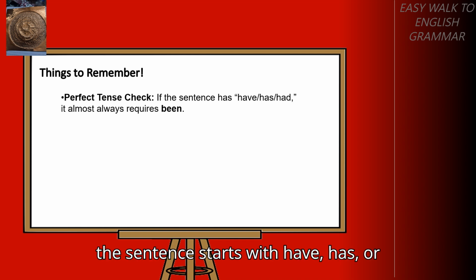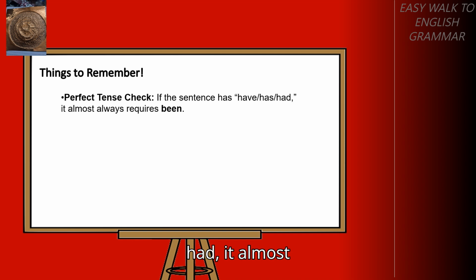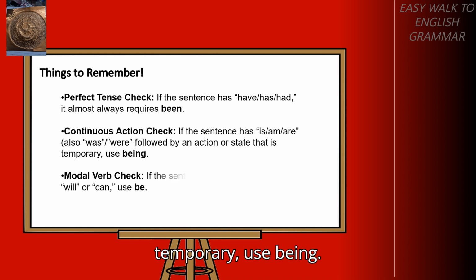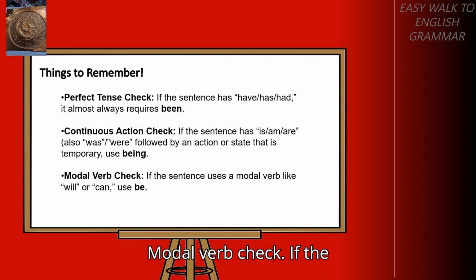If the sentence starts with have, has, or had, it almost always requires been. Continuous action check. If the sentence has is, am, or are, followed by an action or state that is temporary, use being. Modal verb check. If the sentence uses a modal verb like will or can, use be.